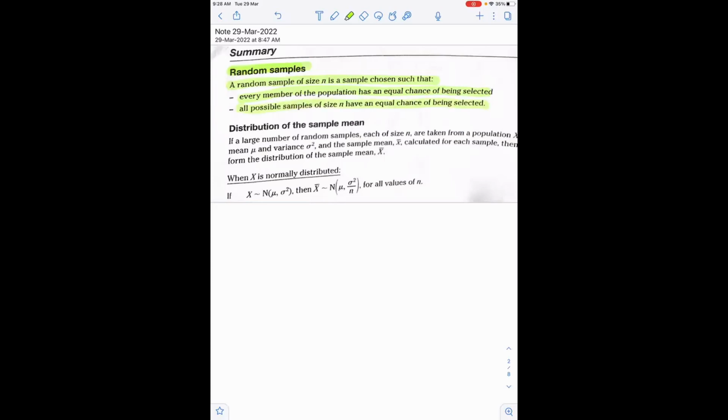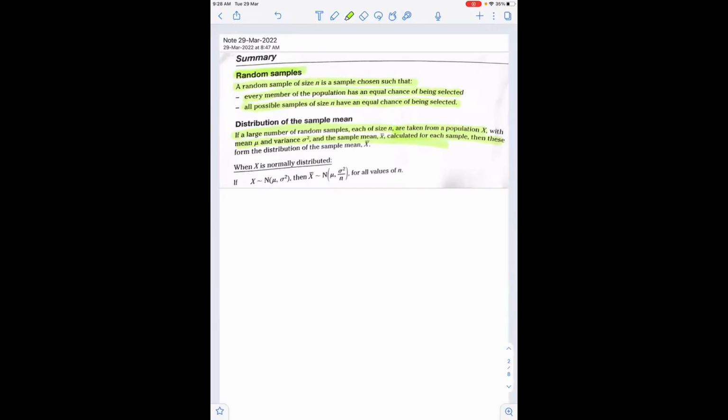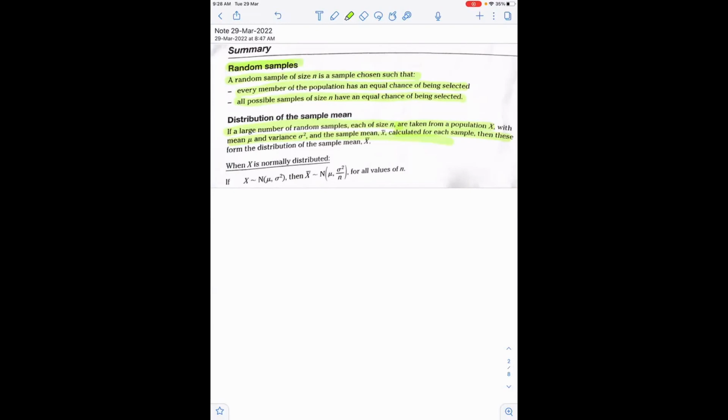Then they are saying distribution of the sample mean. If a large number of random samples, each of size n, are taken from a population X with mean mu and variance sigma square, the sample mean calculated for each sample forms the distribution of the sample mean.